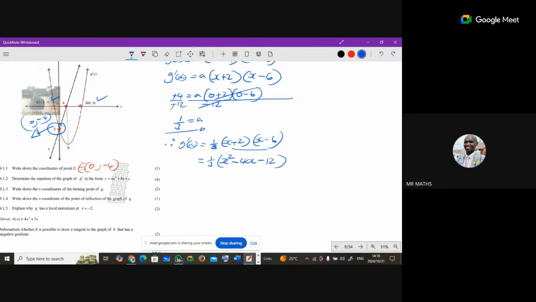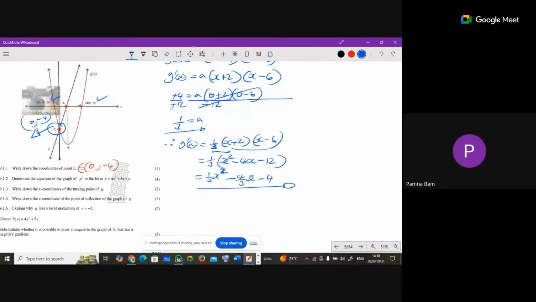Then multiply everything inside the bracket with a, which will give you 1/3 x squared minus 4/3x minus 4.